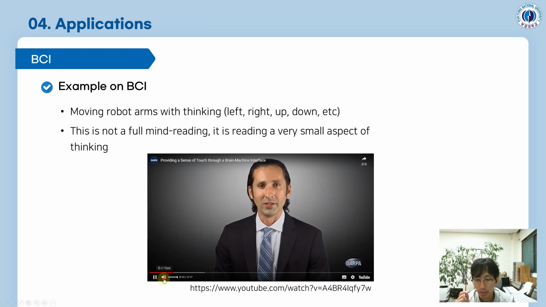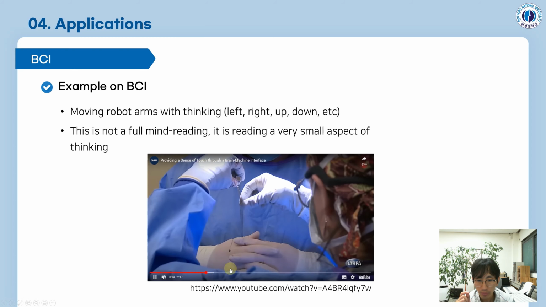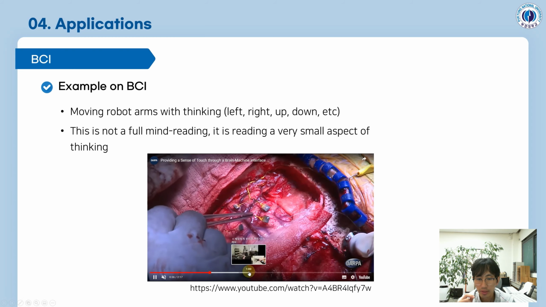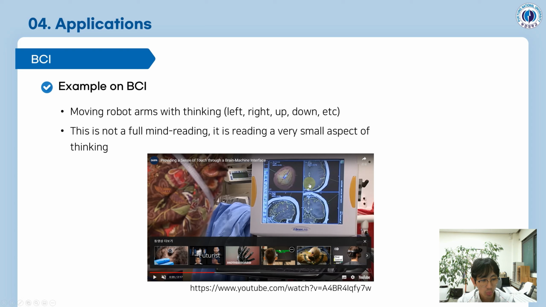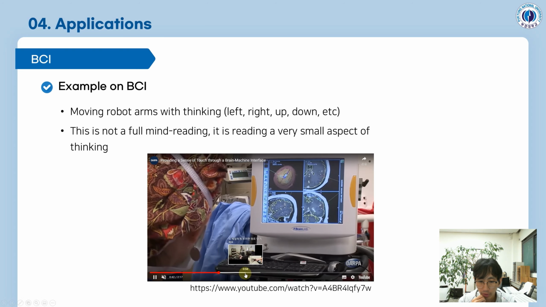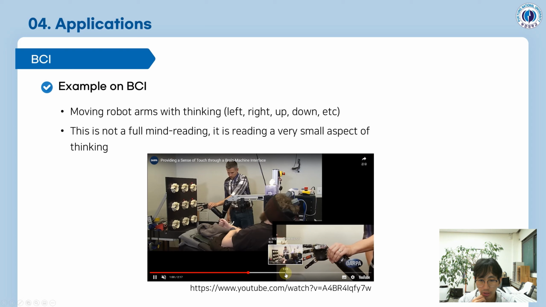Machines with the human brain. So you can see this surgery. They opened the skull and then put some electrodes on the cortex directly. Then, yes, he can move robot arms using his brain activities.